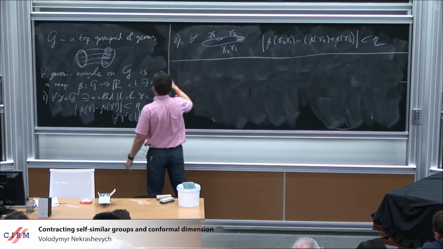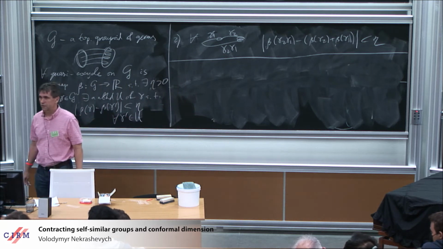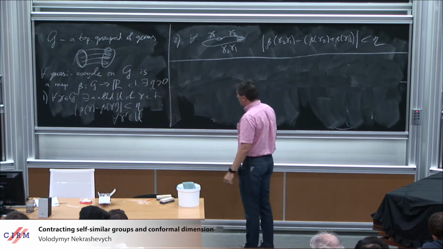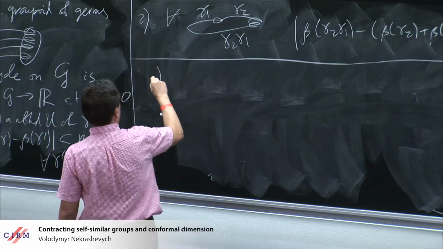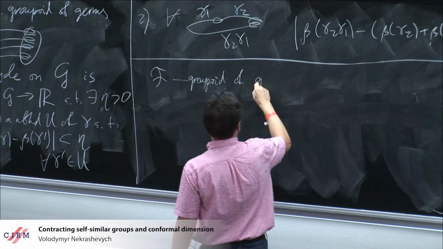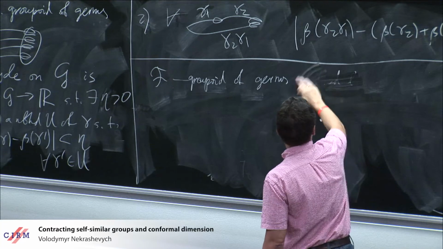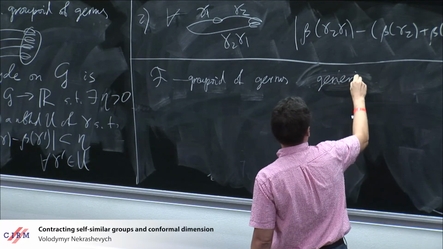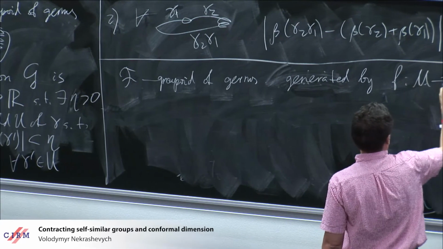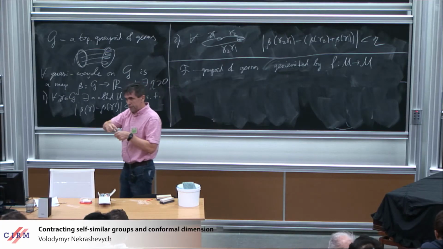Here's another example, which is kind of dual. You take G to be the groupoid of germs generated by F. F is a local homeomorphism, so its germs are invertible.